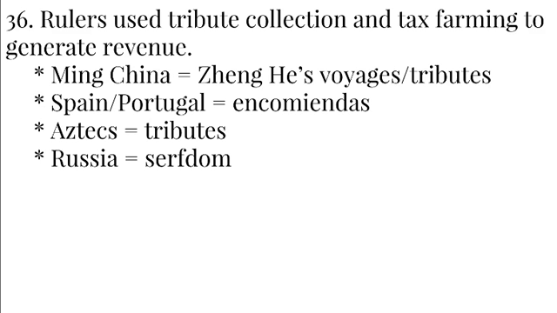Spain and Portugal are going to have encomiendas, forcing the people to work and give what they produce to the state, and the government would use that cash crop and sell it. Aztecs would use tribute systems, demanding luxury goods and food supplies if necessary, or slaves and sacrificial victims.